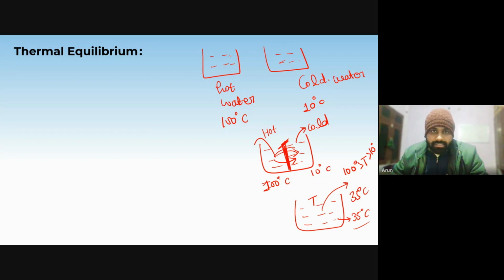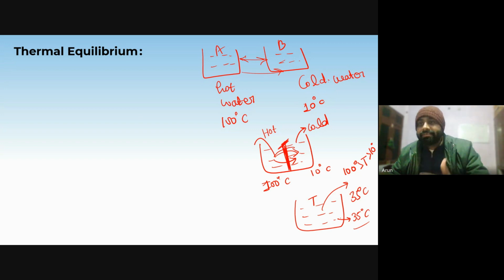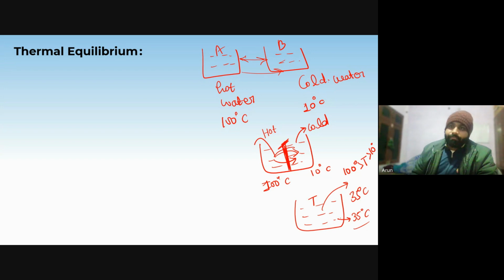Here we have two systems, let's say A and B. We have made contact between these two systems. They have transferred heat, but when they are not transferring heat, we can say that they have established an equilibrium, and that equilibrium is termed as thermal equilibrium. Now I think you got it.